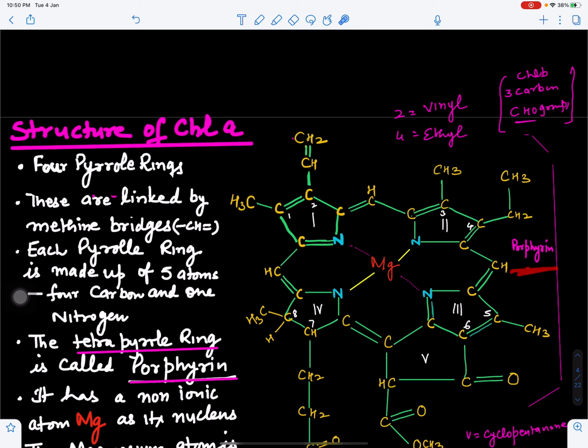And chlorophyll B will be absorbing at 455 and at 644 in the red region of the spectrum. So this is the band of the chlorophyll A molecule and this is the band of the chlorophyll B molecule. The maximum peaks are found in the blue and the violet region of the spectrum, and this mid region is flat.